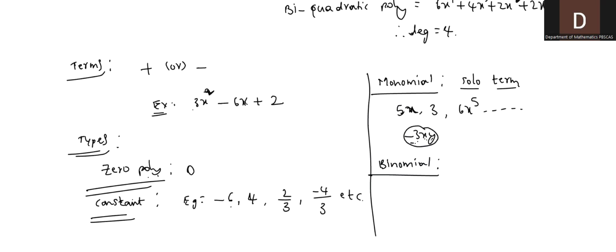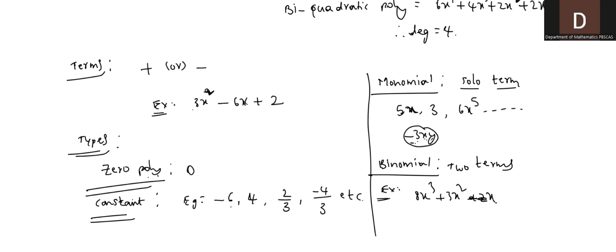For example, bi means two terms. For example, 5x plus 3.